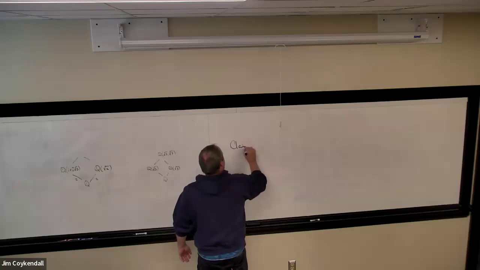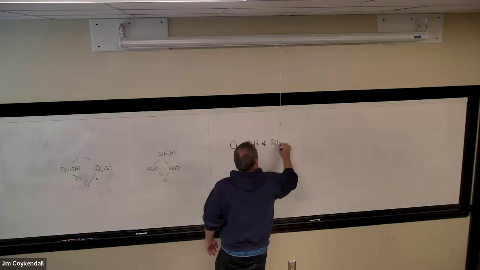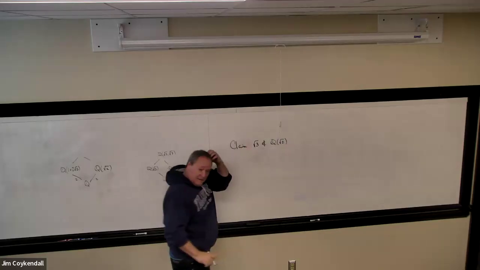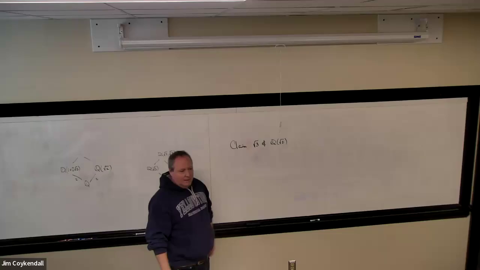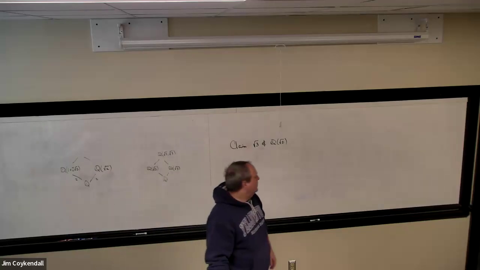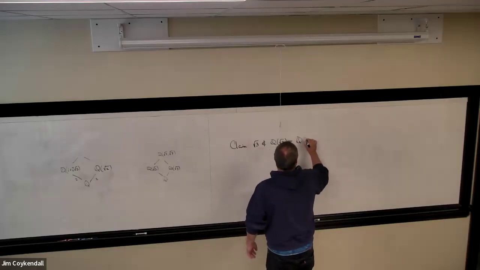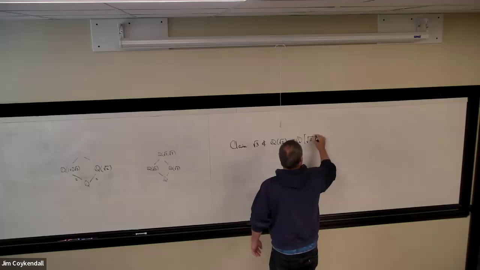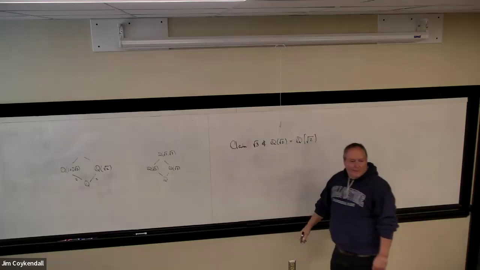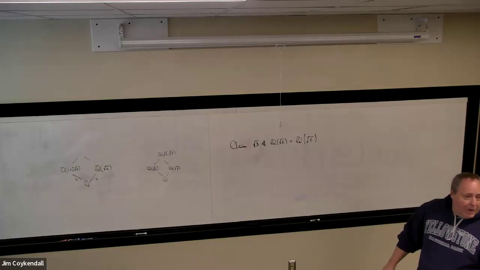Claim: radical three is not in Q(radical 2). Well, let's prove this. The first thing I'm going to observe is that these two are the same, of course, because radical two is algebraic.